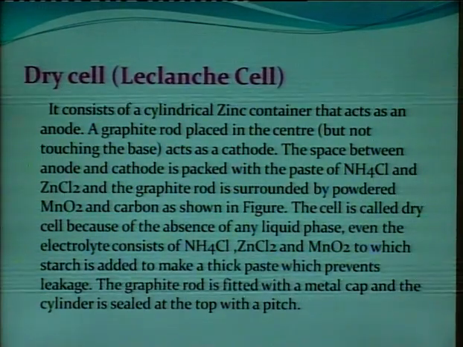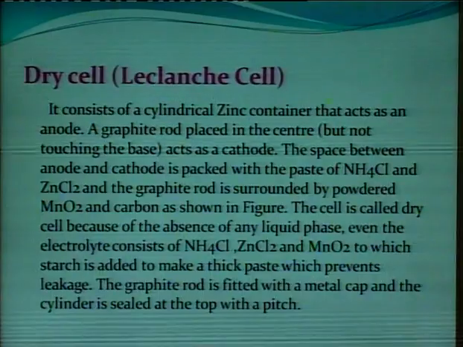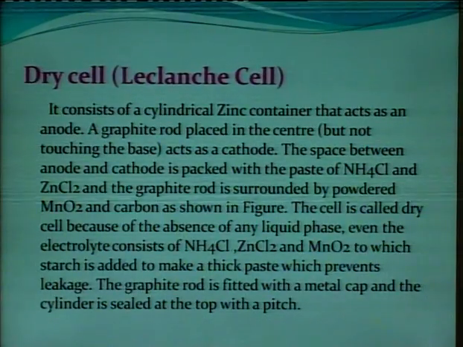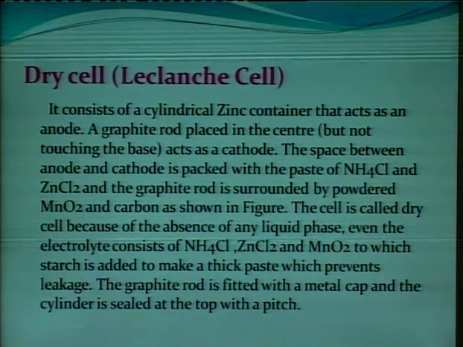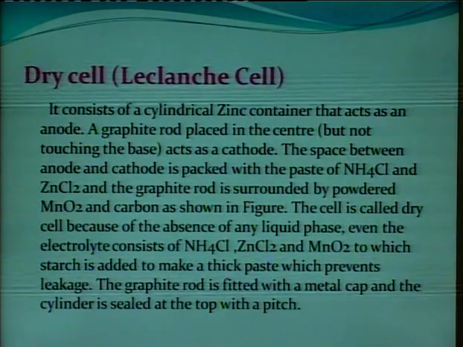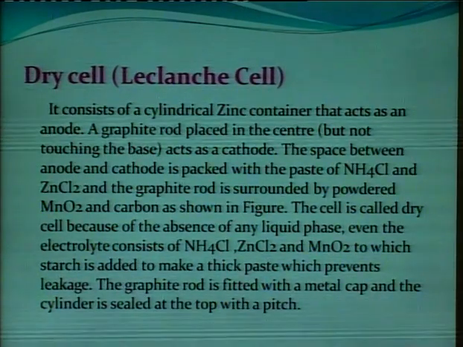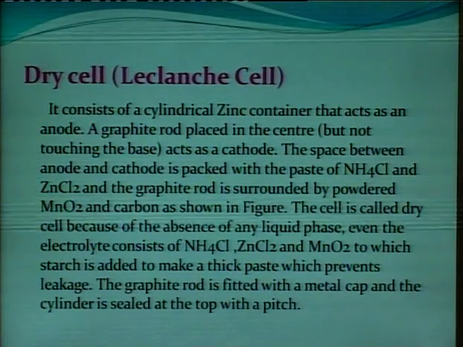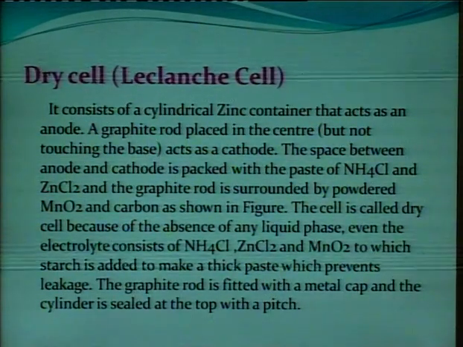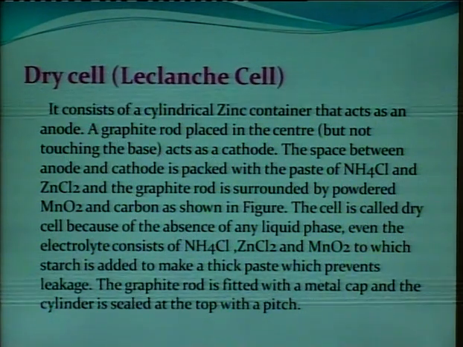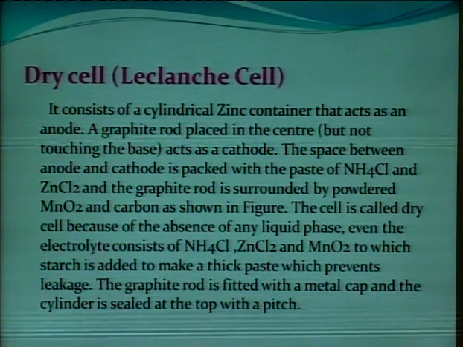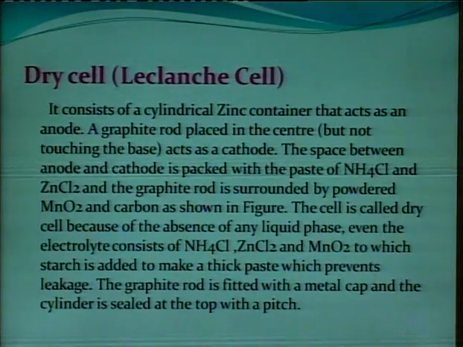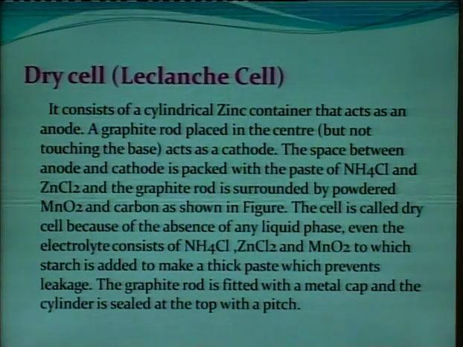The cell is called a dry cell because of the absence of any liquid phase. Even the electrolyte, consisting of ammonium chloride and zinc chloride, has starch added to make a thick paste which prevents leakage. The graphite rod is fitted with a metal cap and the cylinder is sealed at the top with pitch.